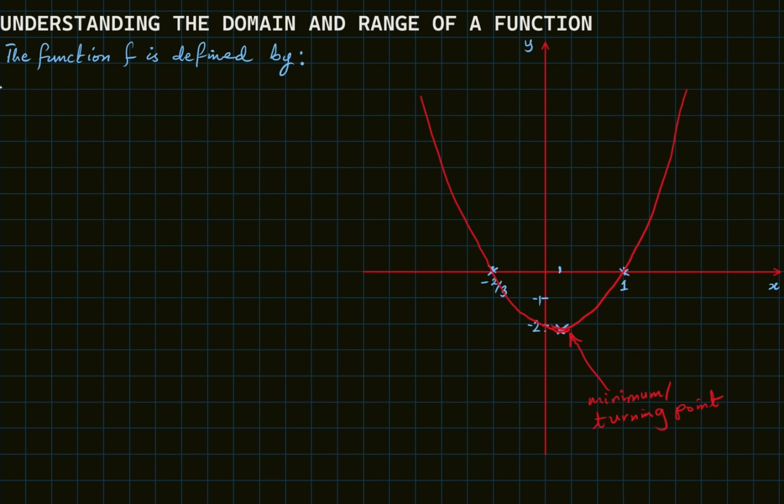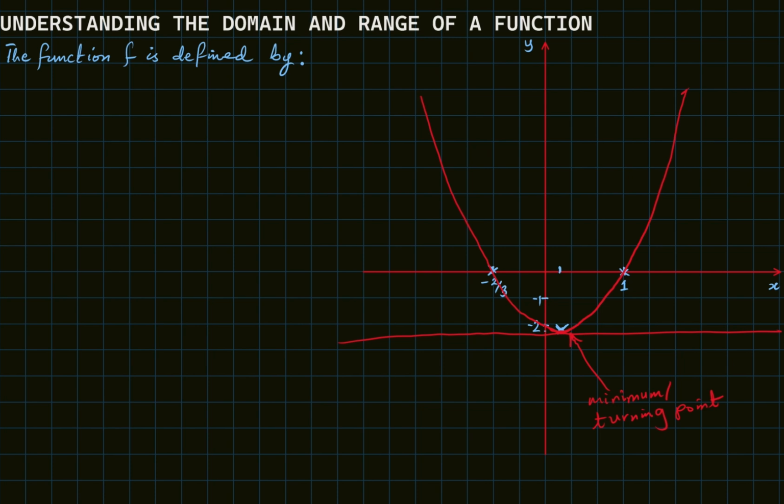Well, I've not done that properly. So let me try and bring that, because it must be smooth. That's better. So that looks like what our graph is. Now, the range will be from the lowest point here and then upwards, since we don't have any restriction as far as the top part is concerned.